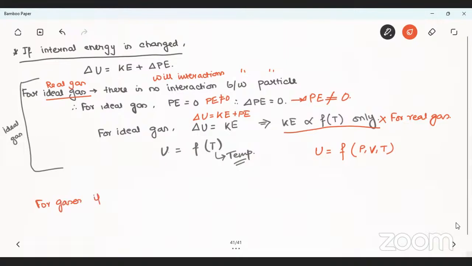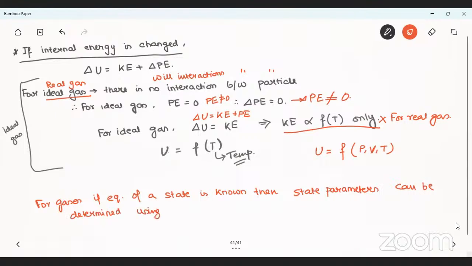For gases, if the equation of state, whether it is a real gas or an ideal gas, is known, then state parameters can be determined using two variables at the same time.